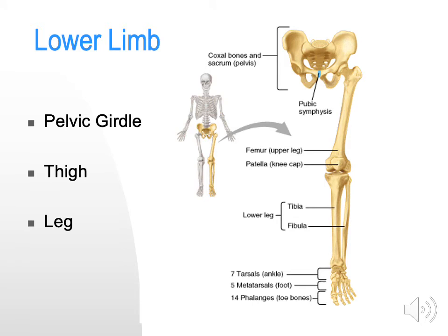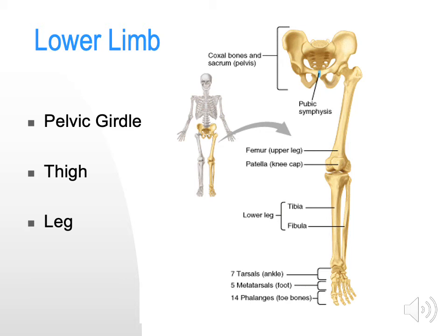The lower extremities have a very similar structure to the upper extremities, in that we have the pelvic girdle, and then as we go into the leg, we have a single upper leg bone, 2 lower leg bones, and then the foot is structured in a very similar fashion to what we had in the hand. The pelvic girdle consists of a number of bones: the ilium, the ischium, and the pubis.